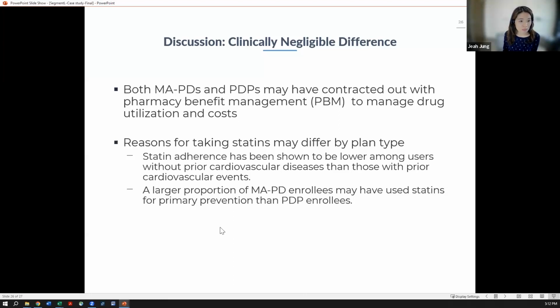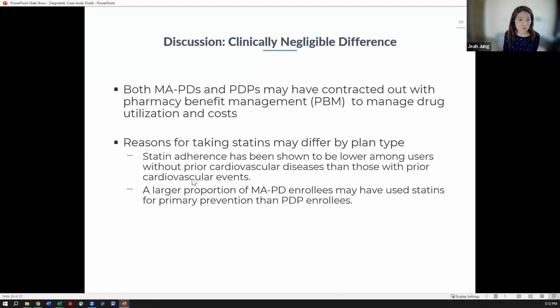Another possibility is the reasons for taking statins, because we selected our sample based on statin users, right? But who are these users? There might be huge variation in why they take statins. Some people take statins without cardiovascular conditions, for preventive purposes, right? Those folks may not have high statin adherence, maybe on and off.